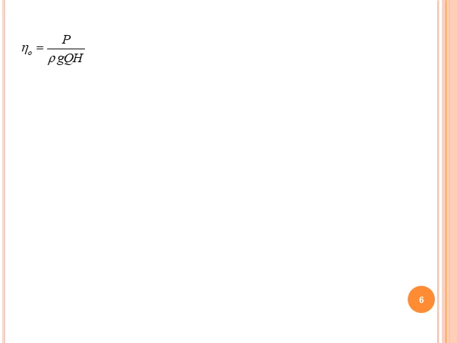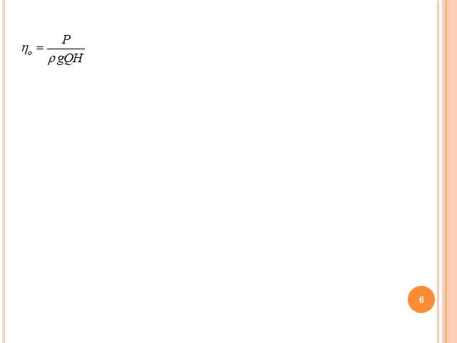Now overall efficiency is given by the ratio of power developed to the power available at the runner, that is rho g Q H. We know the values of overall efficiency and power developed. In the Kaplan turbine water is flowing through the turbine, so the density is 1000, the density of water. G is equal to 9.81.